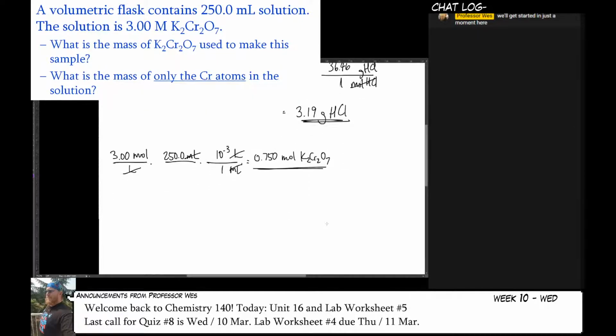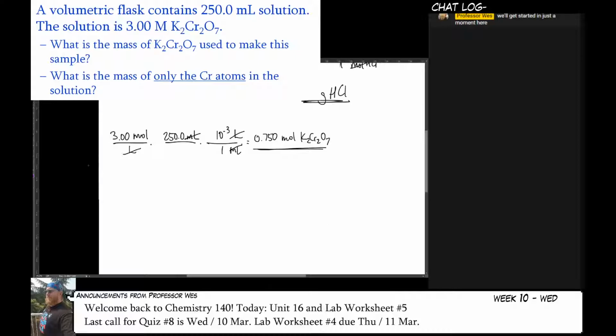We're going to go down to calculate the next part. So first problem we want to figure out is the mass. So if I take this number and I multiply by the molar mass, so turn the number of moles into grams.